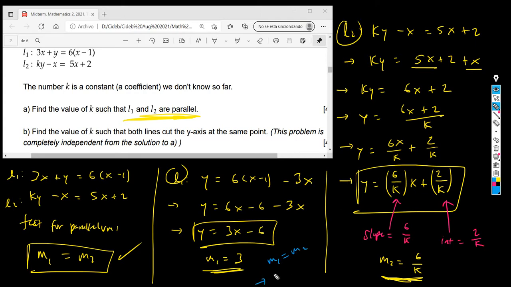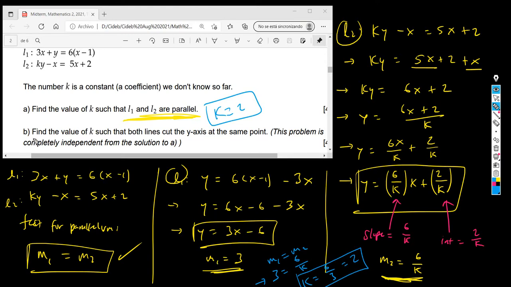In other words, k equals 6 over 3. I'm not going to do the algebra. You work out the algebra. That's very elementary. So k must be 2. And the problem is solved. k must be 2.